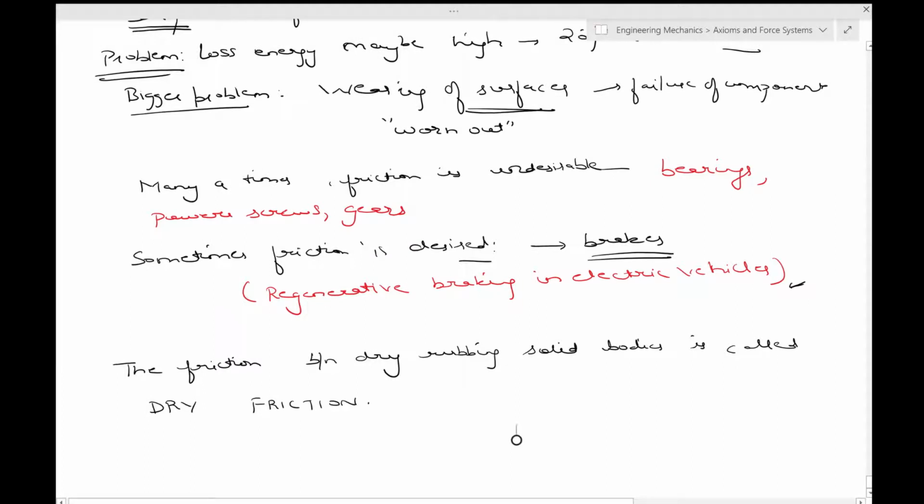We will not be learning about fluid friction over here. Perhaps that is something which will be done later. It exists, but we are not doing it right now, so that we can just focus on some things in greater detail.